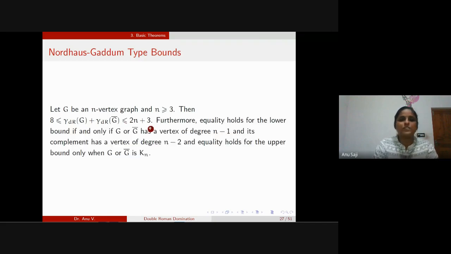There are graphs which attain the lower bound and the upper bound. Equality holds for the lower bound if and only if G or G complement has a vertex of degree n minus 1 and its complement has a vertex of degree n minus 2. And equality holds for the upper bound only when G or G complement is K_n.